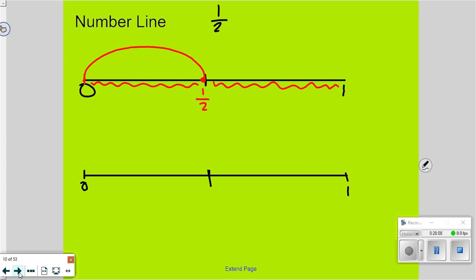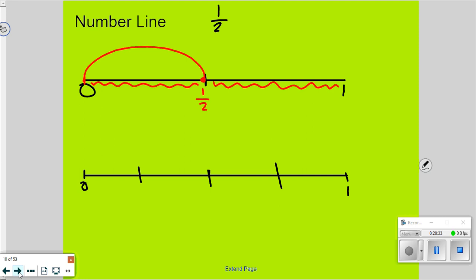How many pieces do I have right now? 2. 1 is right here, and 1 is right here. But I need 4. Half of a half, half of a half. Is that the middle between?